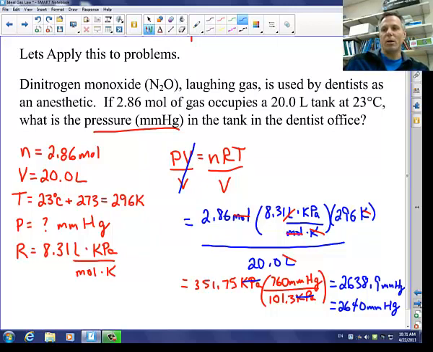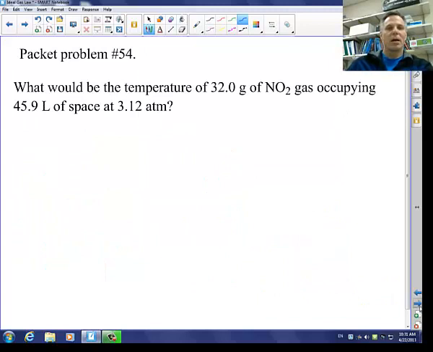Let's take a look at a problem from your packet. This is problem number 54 in your packet, if you go ahead and find this, let's go ahead and look through this real quick. What would be the temperature? So we're trying to find the temperature, T equals question mark, of 32 grams, so the mass is 32 grams of NO2.